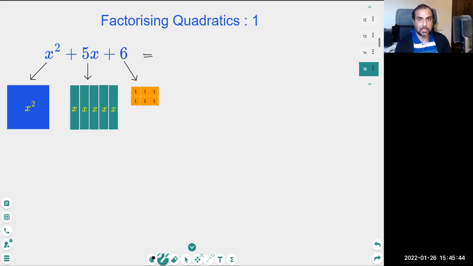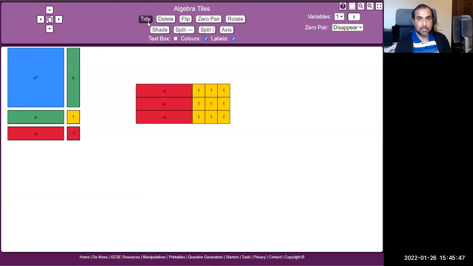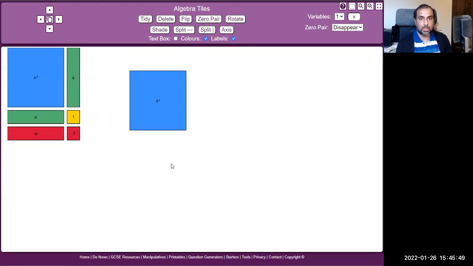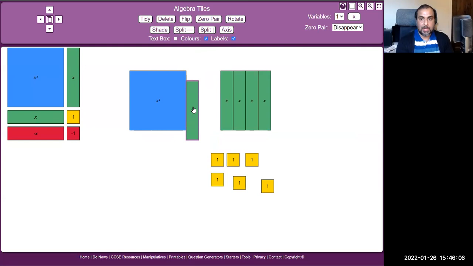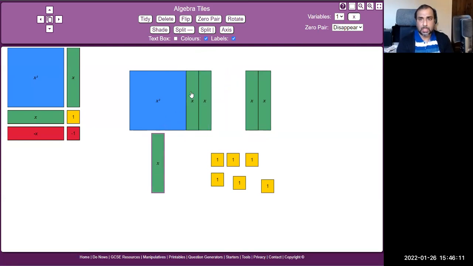So I'll go on to that. x squared plus 5x plus 6. I'll tidy the old one. x squared. I'm going to have 5 of these greens and 6. You can also drag them like that. So this is x squared plus 5x plus 6. I need to somehow arrange this in a rectangle. You can also turn these. There's a turn option there somewhere.